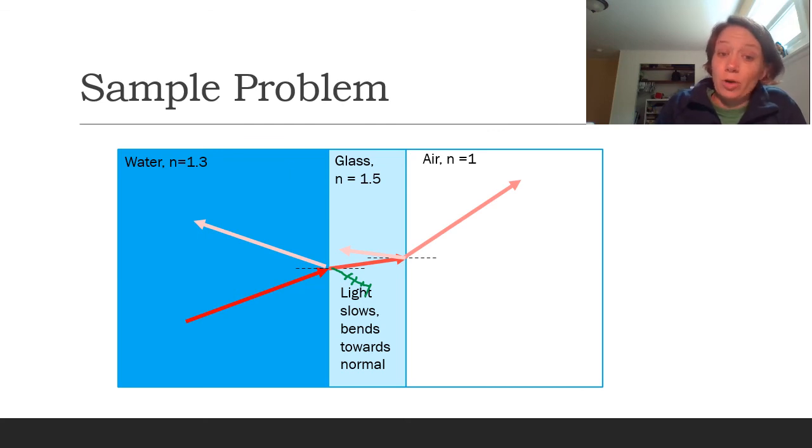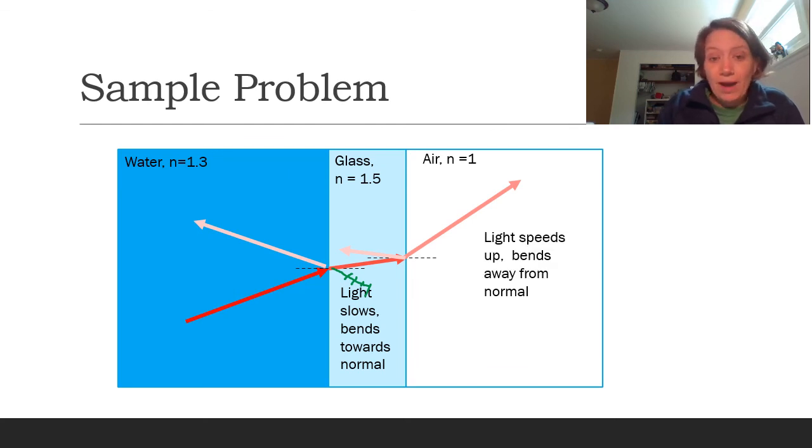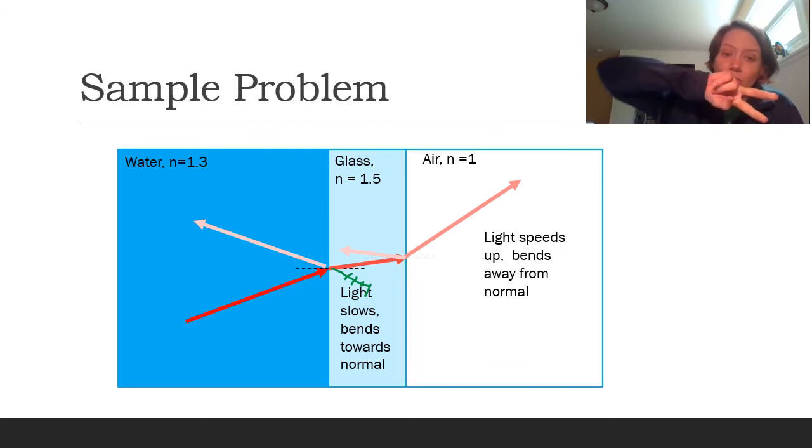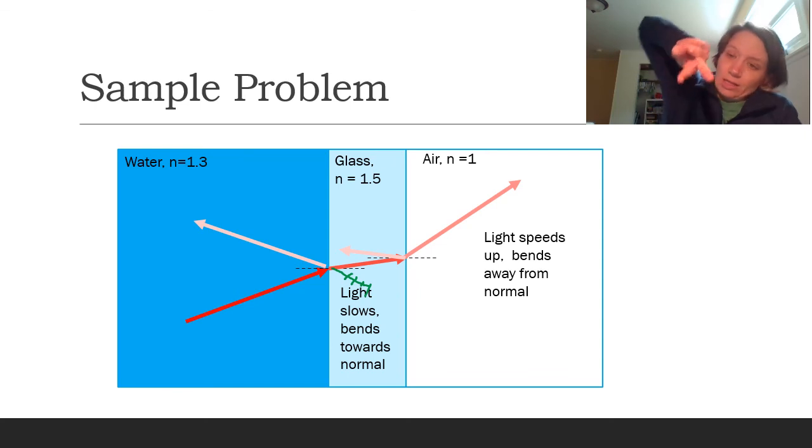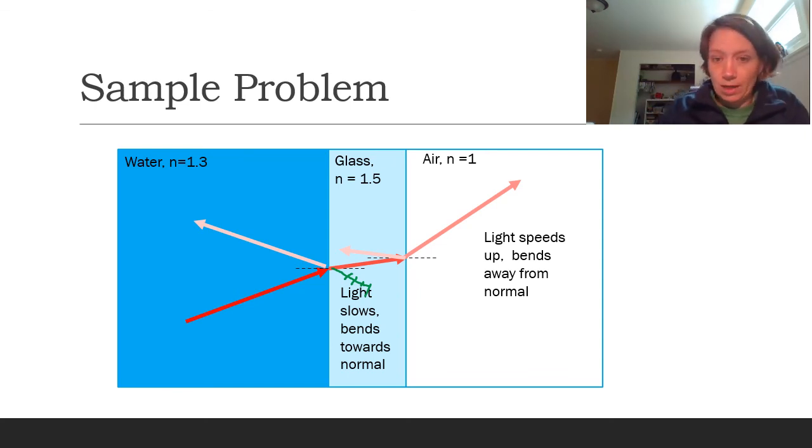What I did do is draw the second refraction into the air, and this is going from a medium that is slow into a faster medium, so we're going to be bending away from the normal. Or sometimes I use my fingers and picture this finger hitting first and speeding up, so it kind of drags that ray up that direction. So this is my drawing of the light as it moves through that medium.